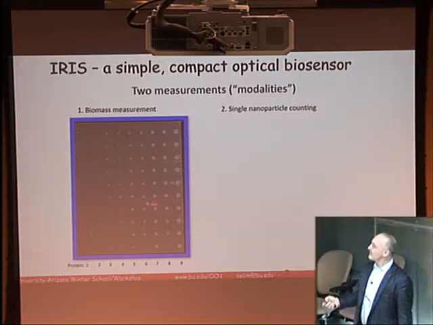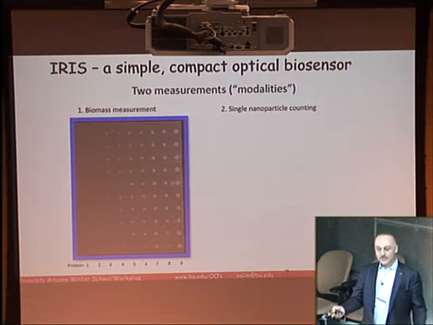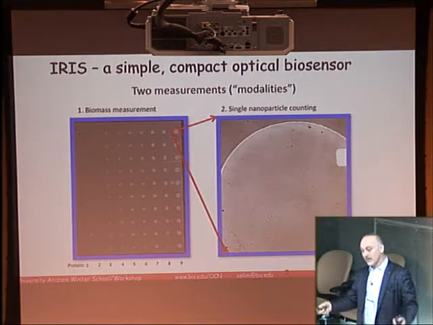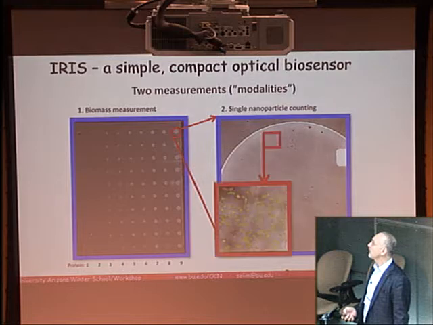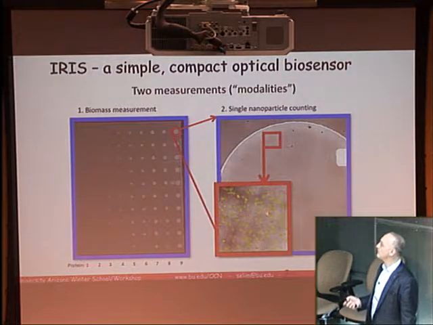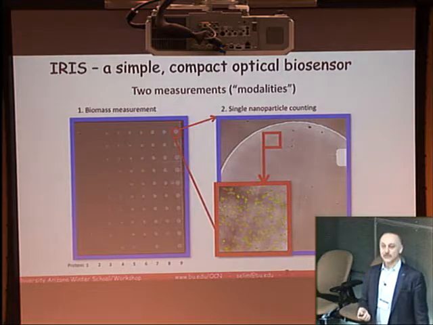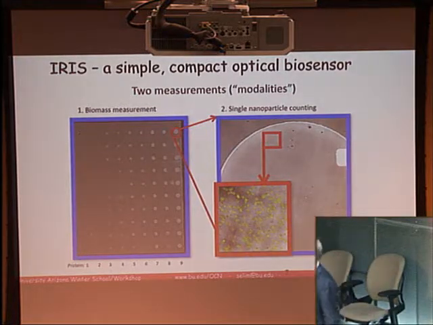Anyway, it does allow you to do biomass measurements, and you can use higher magnification optics, and on the same spots, you could also count single nanoparticles, individual nanoparticles.